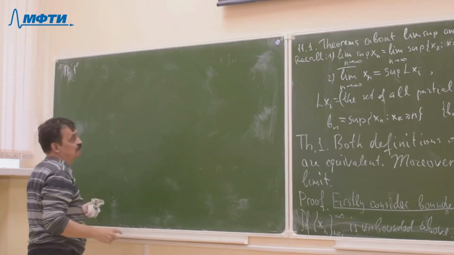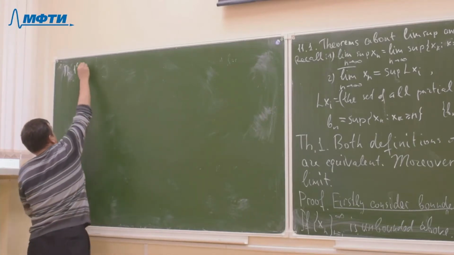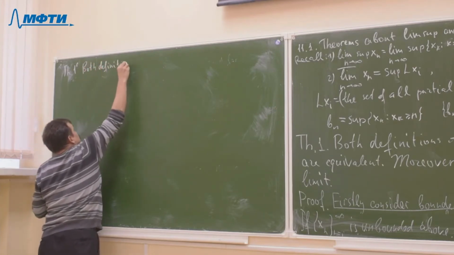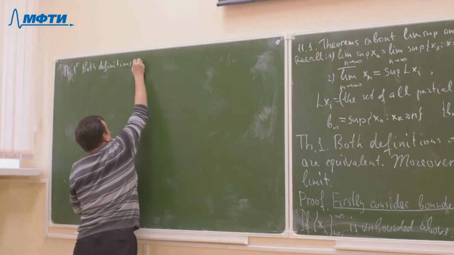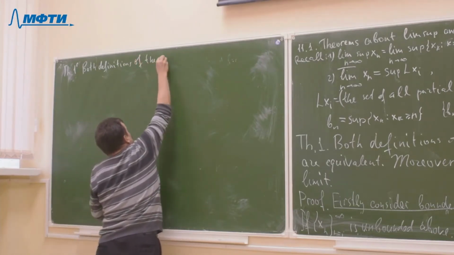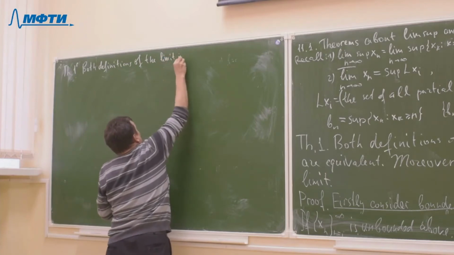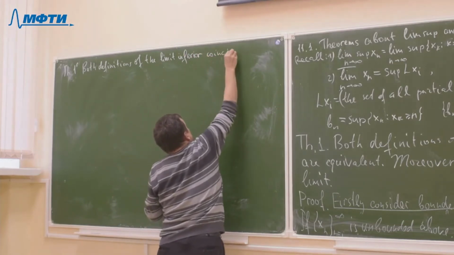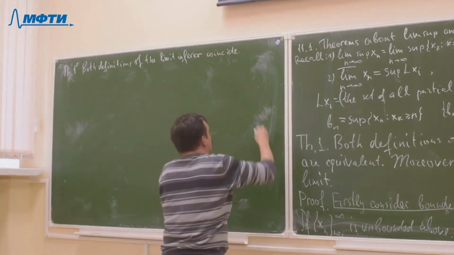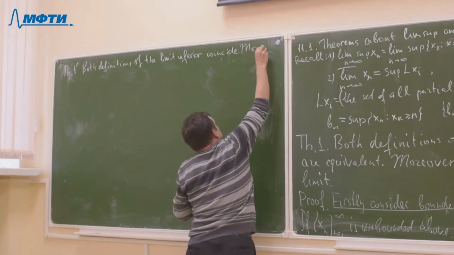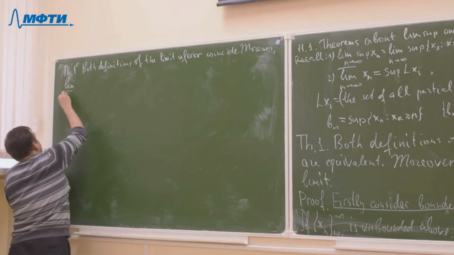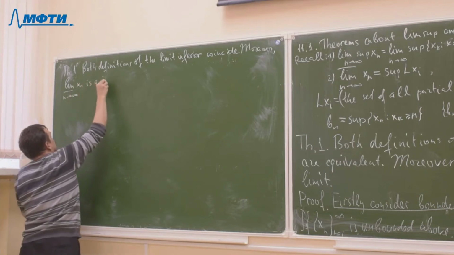Theorem 1 prime: both definitions of the limit inferior coincide. Moreover, the limit inferior is a partial limit.